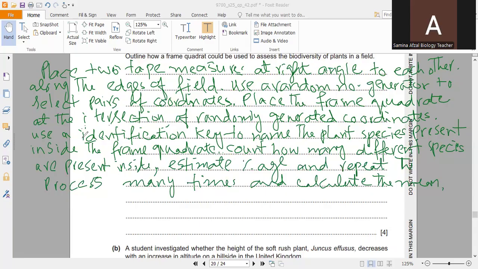So it was all about the answer. You can write in this way.